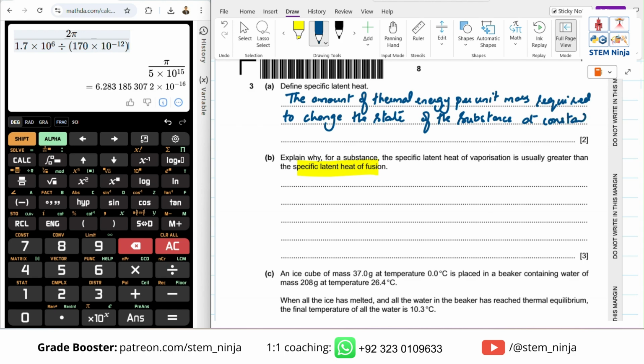The constant temperature is an important key point that if you miss out, you might lose one mark.